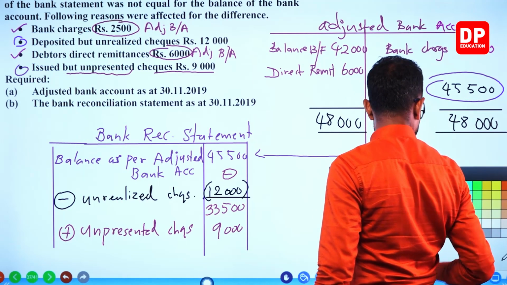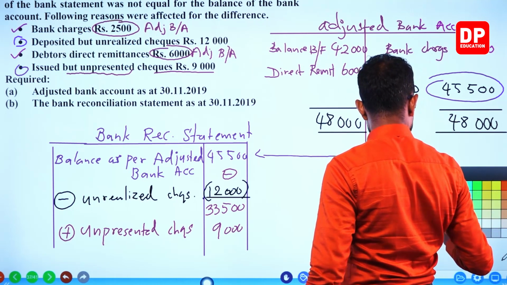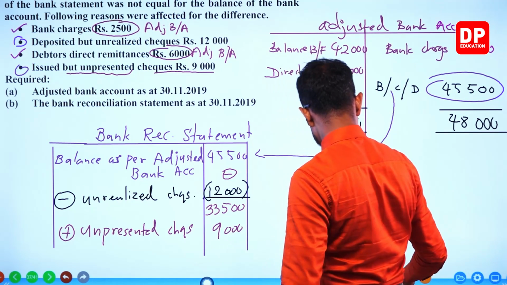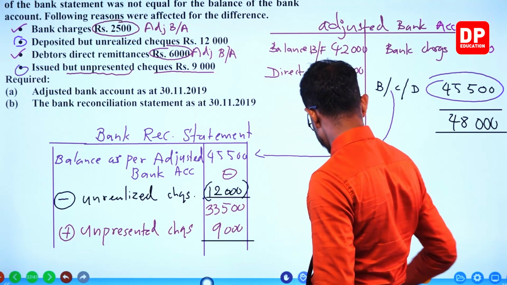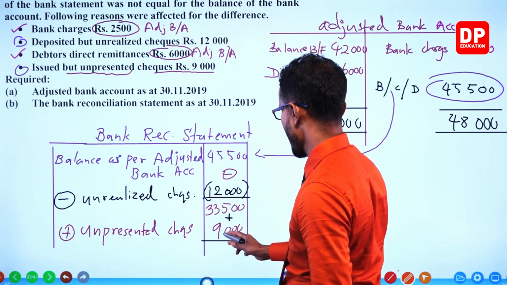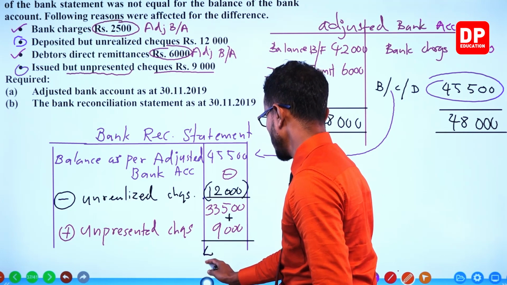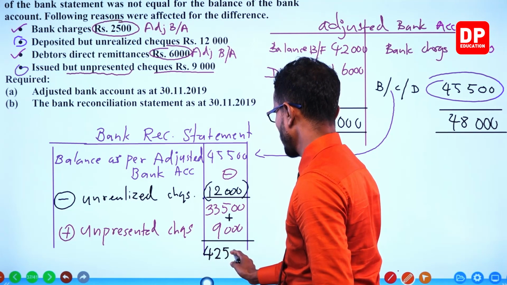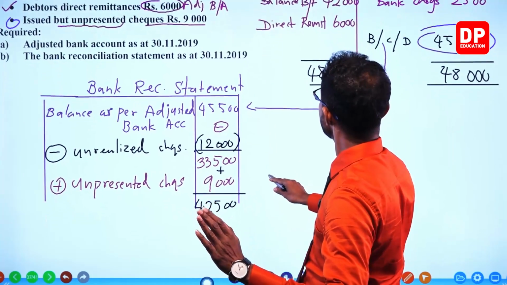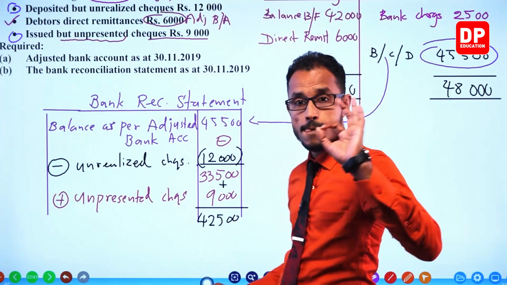With that, we are going to finish this question because 33,500 plus 9,000, 42,500. Done.